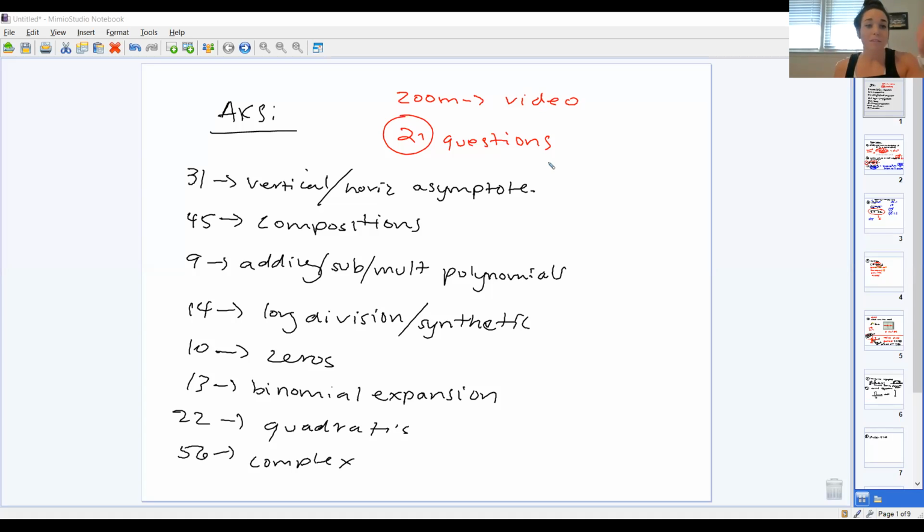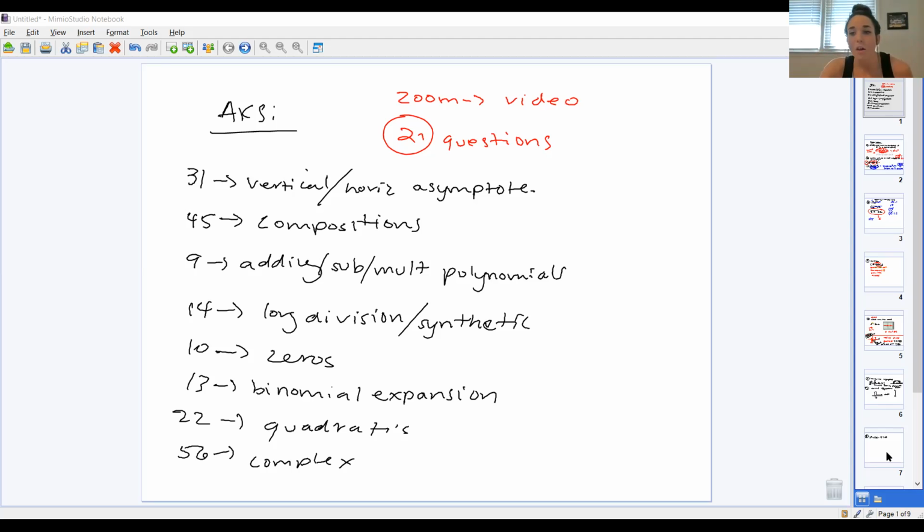These are the different skills that are going to be on the final exam, and if you watch that video from the final exam review, this is what I showed you. I did go through a couple of questions on that final exam review. If you want the short version and you don't want to do the long study guide, this is just a quick, hey, these are the things that you need to know.